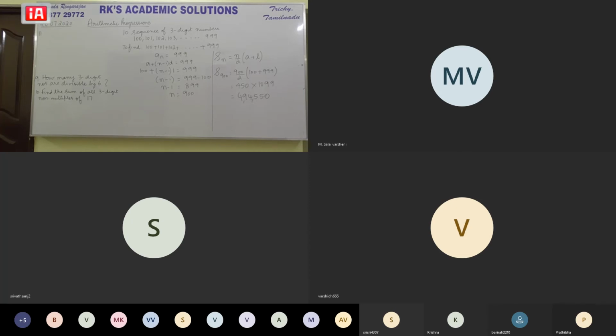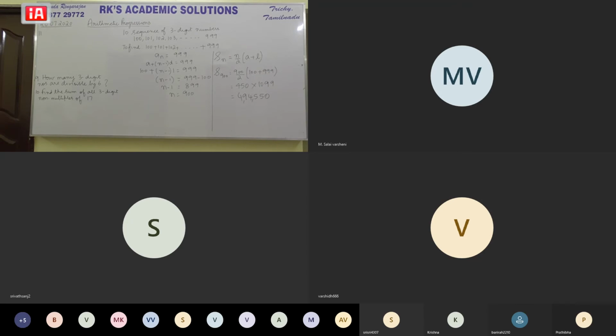So now find S 900. And I hope you know this formula. Sn is equal to n by 2 of the first term plus the last term. You can also use n by 2 of 2a plus n minus 1 into d here. That also is going to work. But when you know the value of the last term of the sequence, you can use this formula, n by 2 of the first term plus the last term.